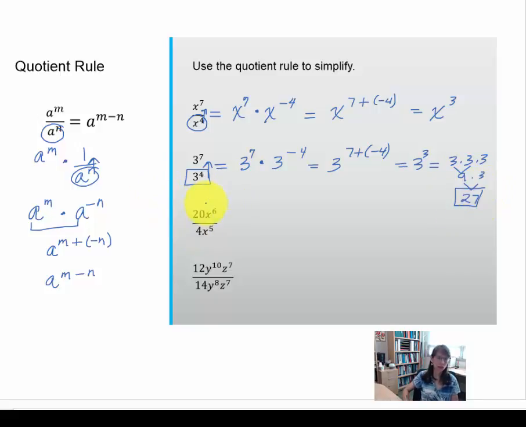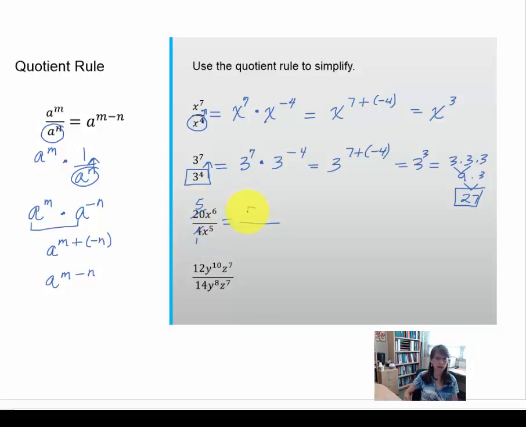Now the next two examples are just a little more involved because we have different bases here for the numerical portion. So think of this as 20 fourths. If you can reduce the fraction, then go ahead and reduce the fraction. So I know that 20 is divisible by 4, and so is 4. So if I reduce, I'll have 5 over 1.